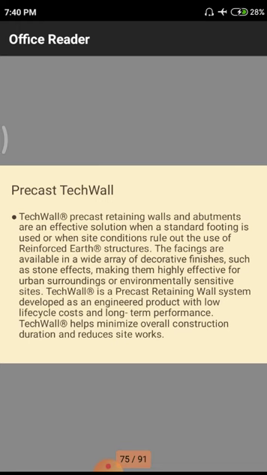They are constructed simply for appearance and structural view, so they have good life cycle costs and long term performance. Why? Because here there is no application of loads, so they give a huge lifespan to the structure.